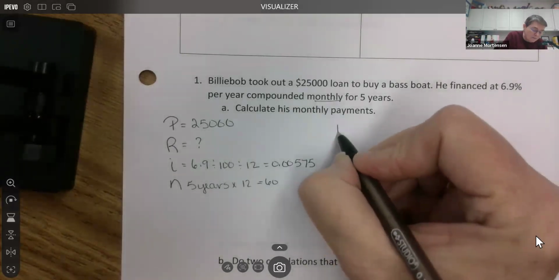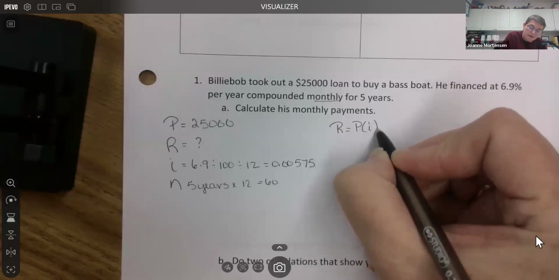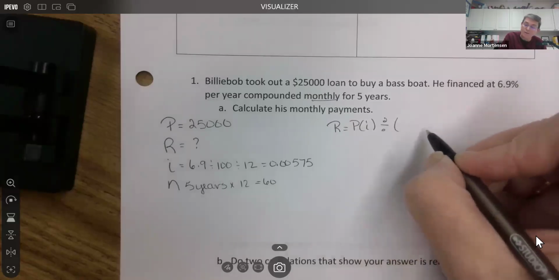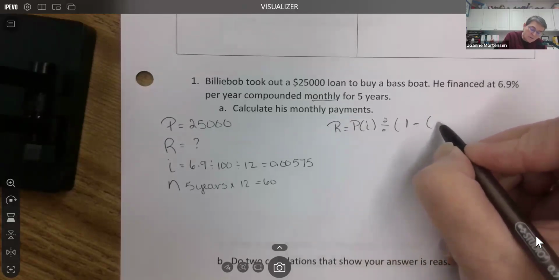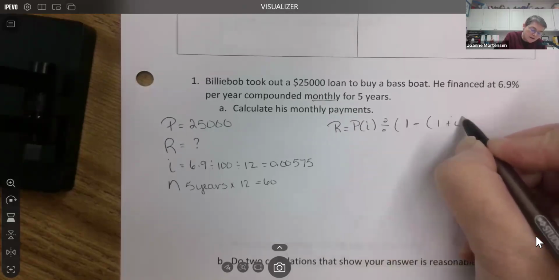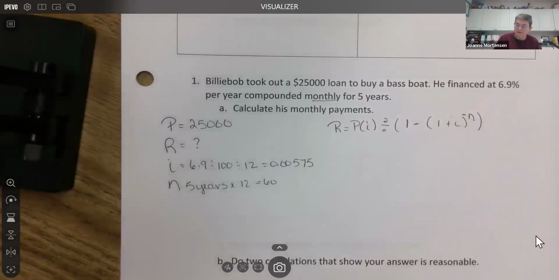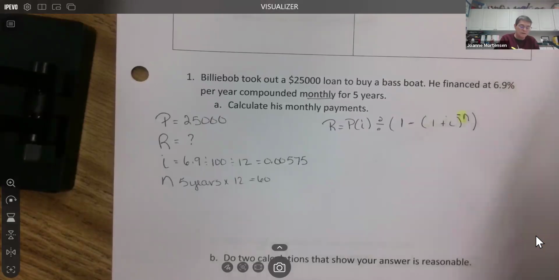Here's the formula. R, my regular payment, is equal to P times I divided by bracket, only one, I feel so blessed, bracket 1 plus I to the negative n and a bracket there. Don't forget the negative. And I'm going to keep highlighting that because that could be another place I screw up.